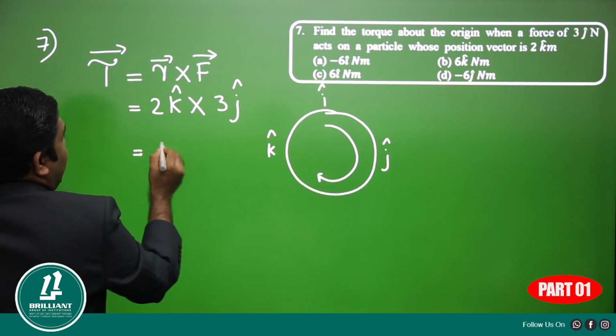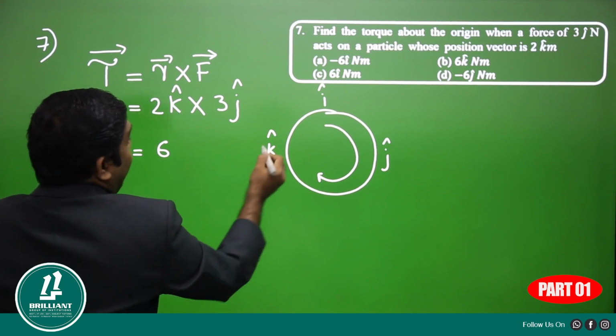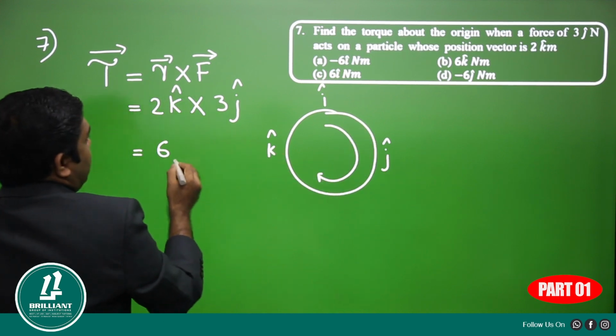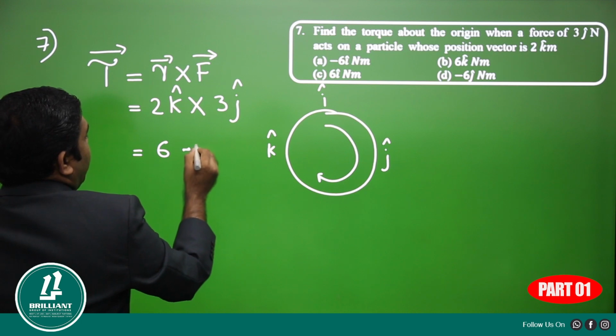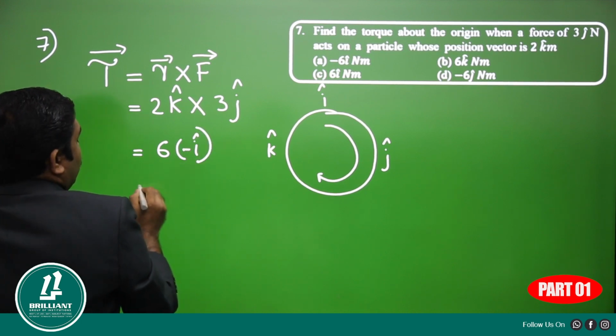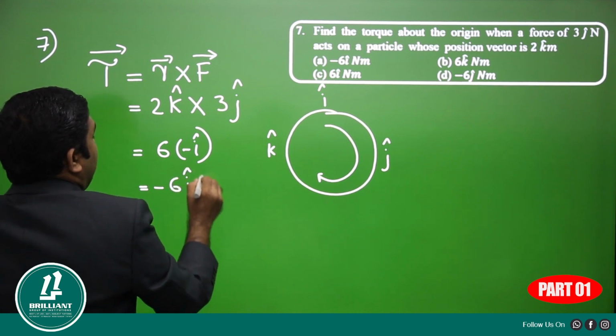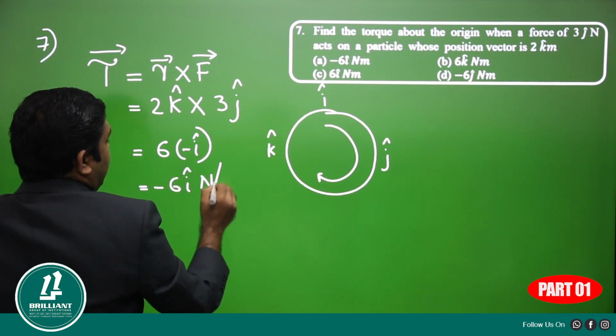So 2 into 3, that is 6, and here it is K cross J. K cross J is minus I, so we can say minus I will be there. So the answer is minus 6 I cap Newton meter.